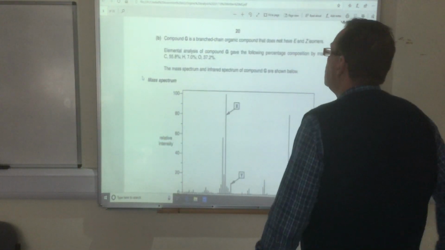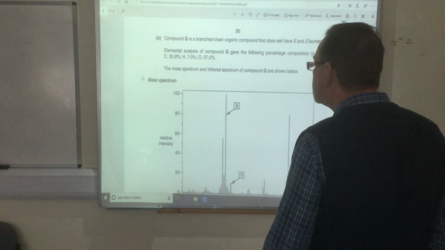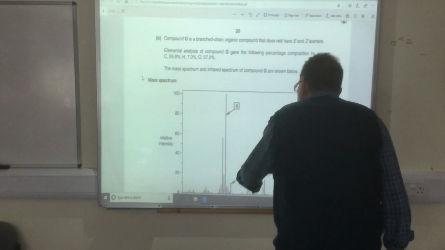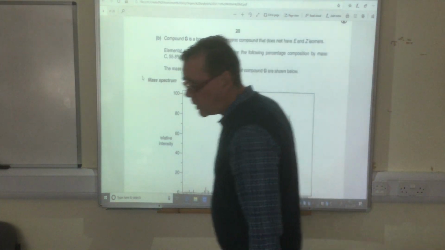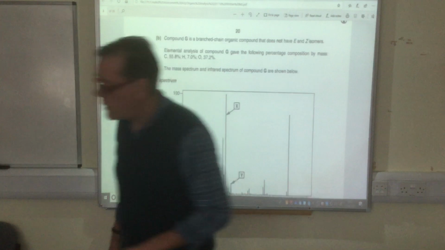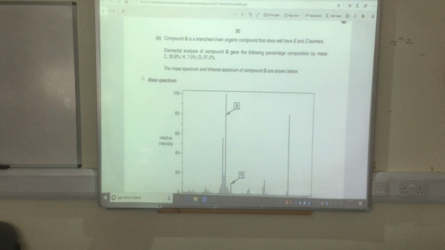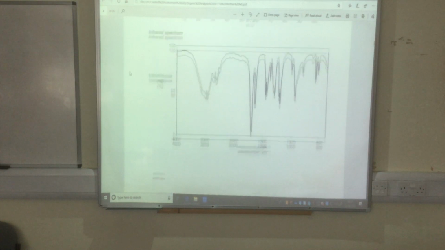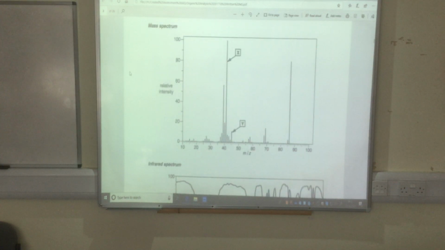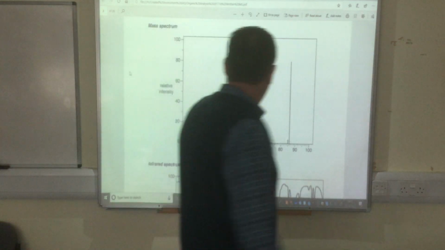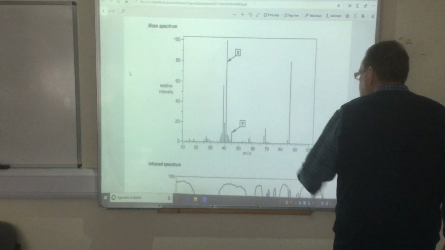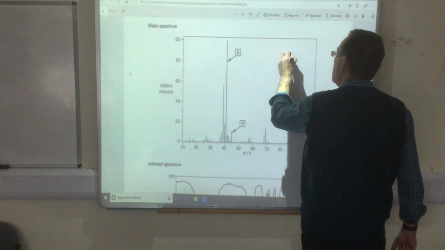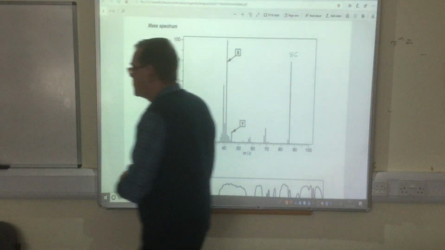Right, doesn't have EZ isomers, elemental analysis, yeah, I can do that. Mass spectrum, infrared spectrum of compound G is shown below. Don't like fragmentation patterns, they can be a bit tricky, but we'll go through it anyway. Right, down a bit. What's all this mean? Let's have a quick overview. I'll deal with X and Y shortly, don't want to worry about those. Straight to here, molecular ion peak, 86, smack on.